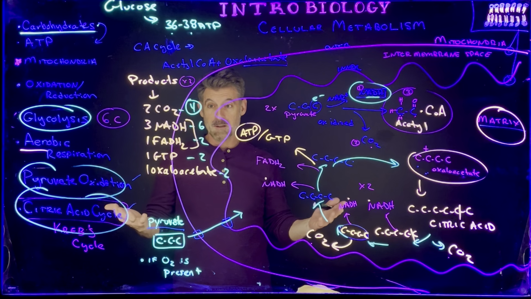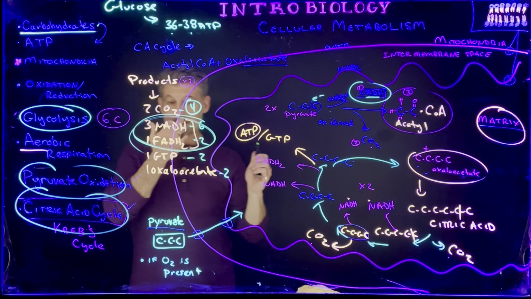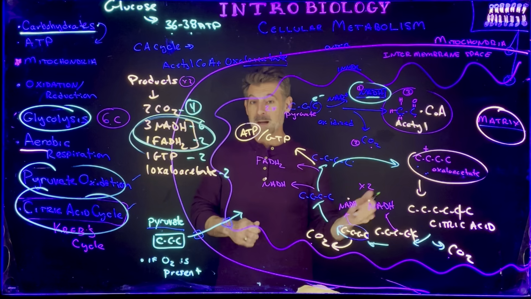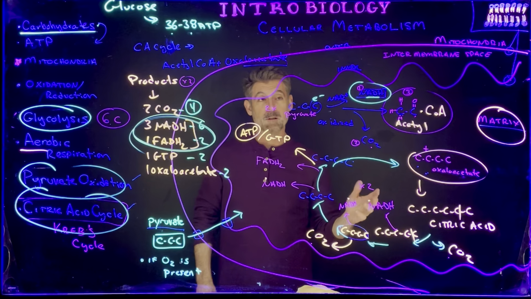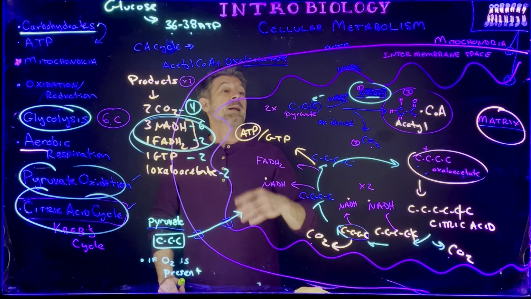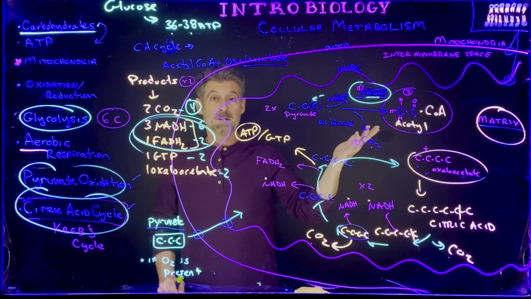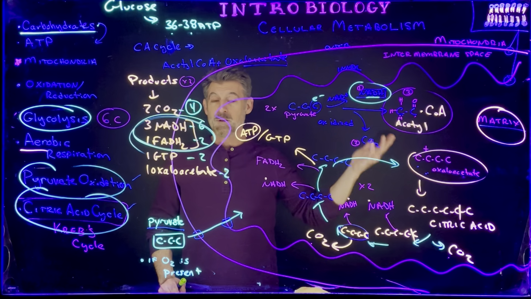So where's the energy? It's all locked up in these molecules as the electrons. So that's our next step now, and our final step of this is to look at what's called the electron transport chain and how this is then converted from electrons into concentration gradients, and then how that's used to make ATP.